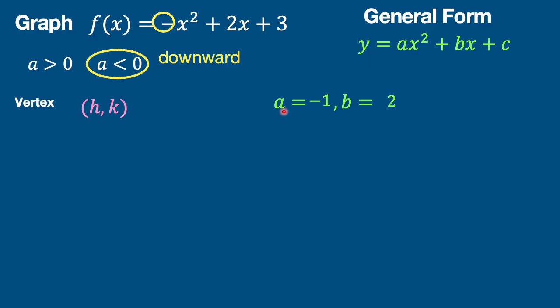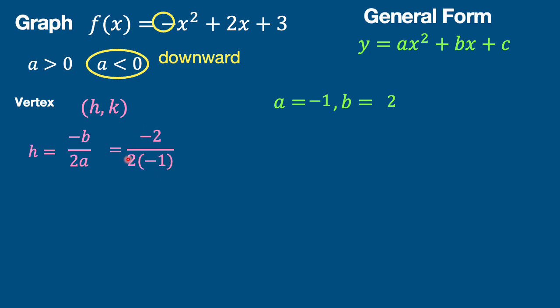So when you have a and b values, h is gonna be negative b over 2a, which means b is 2, a is negative 1: negative 2 over 2 times negative 1.